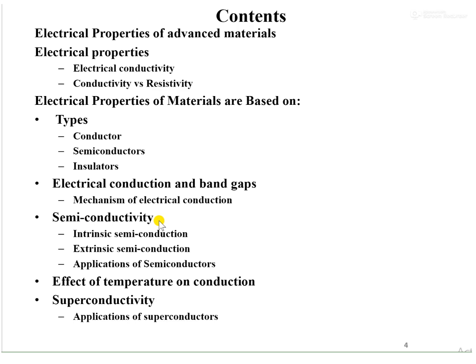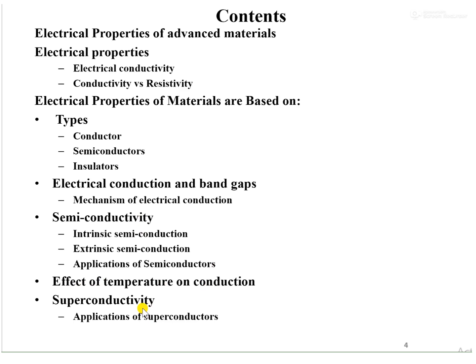And later, under the topic of semiconductivity, we will discuss the applications of semiconductors, how we can modify our materials and apply them in different microelectronics. Next we will discuss the effect of temperature on conduction.